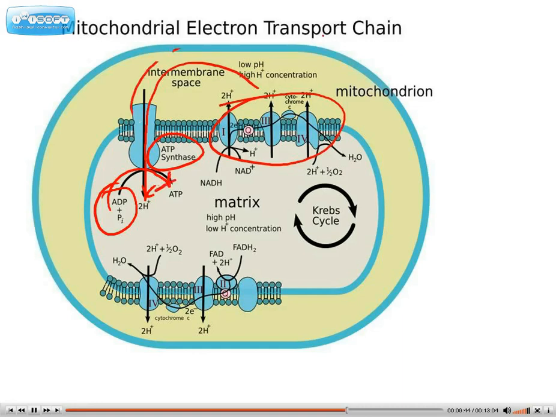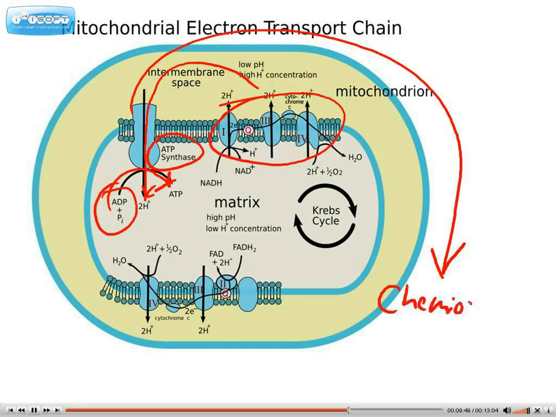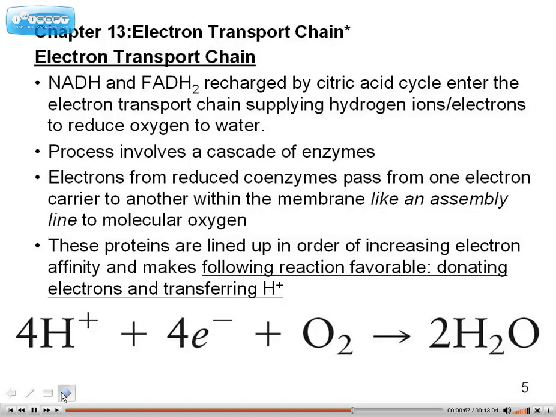We all summarize these steps as the chemiosmotic hypothesis. So the next several slides summarize what I just talked about.